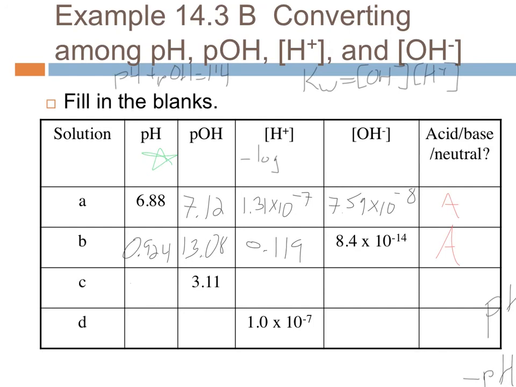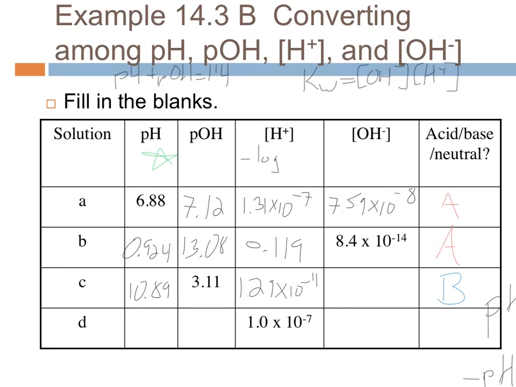Next one, pH is 10.89, and we can see that that's above 7, so let's just go over here and call that a base. 10 to the negative pH will give me the hydrogen. 10 to the negative pOH will give me the hydroxide. 1.29 times 10 to the negative 11th.